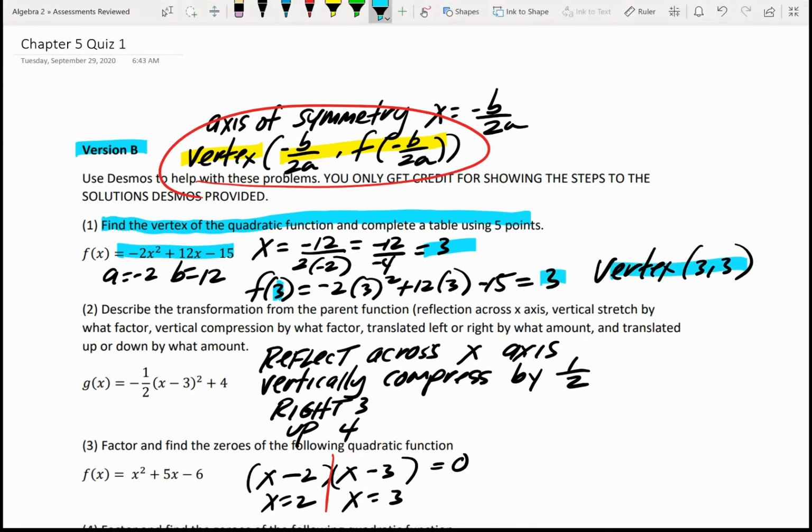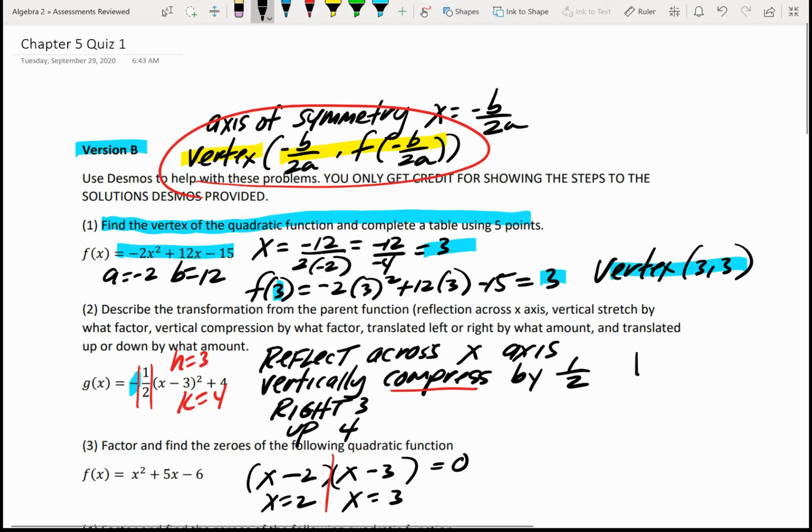Number 2, okay, you had a negative, which reflected across the x-axis. Anytime you take a look at the absolute value of that coefficient, if it's less than 1, it's a compress. You compress by 1/2. You went to the right 3. Here, remember, h is equal to 3, and then k equals 4. So you went to the right 3 and up 4.